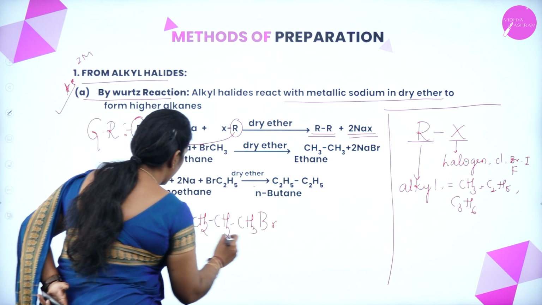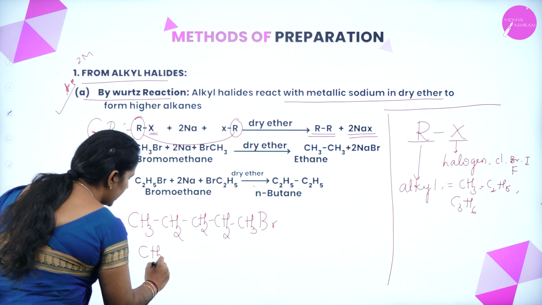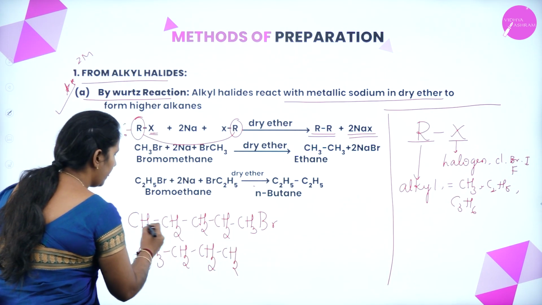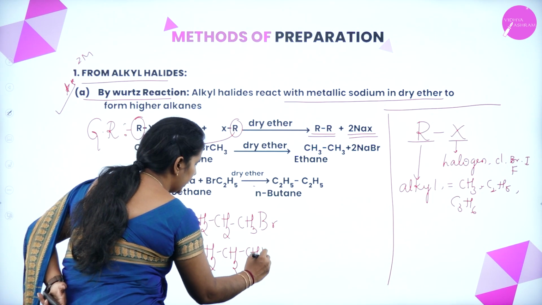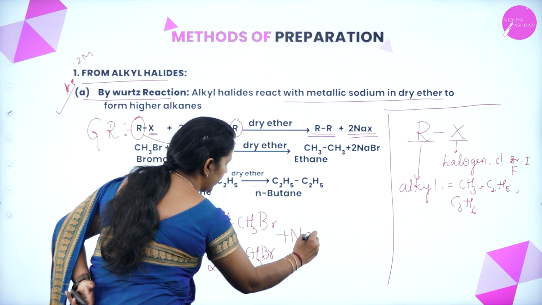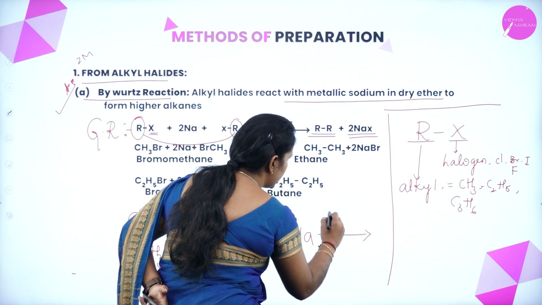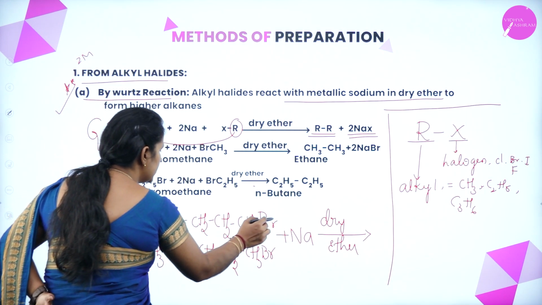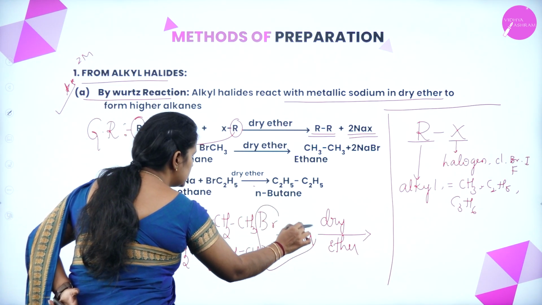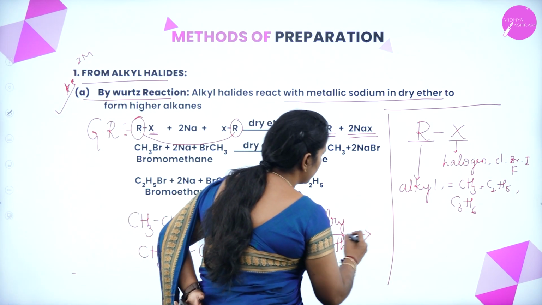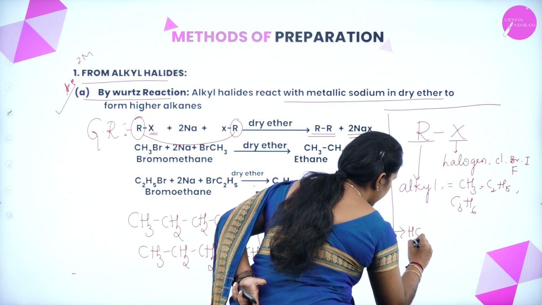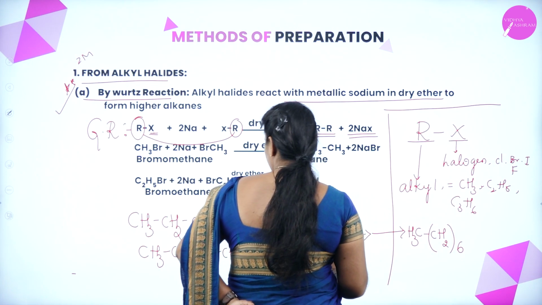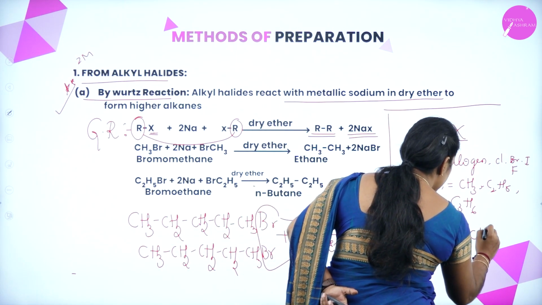So, this is my Br and I'll write one more molecule, CH3, CH2, CH2, CH2, CH3, Br. It is allowed to react with sodium metal in presence of dry ether. What does it form? This Br and Br go with the sodium metal. It forms CH3, CH2 6 times and CH3.